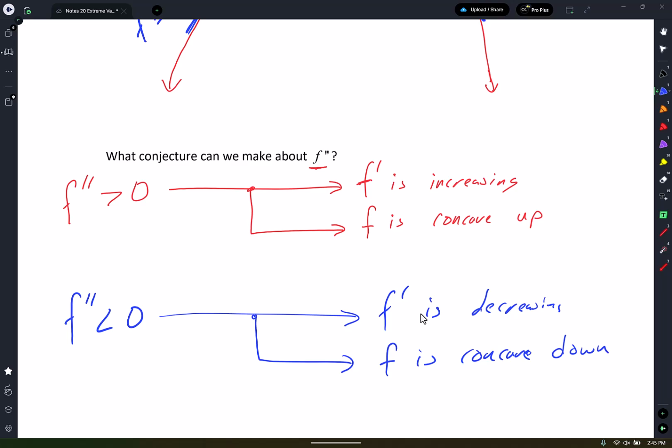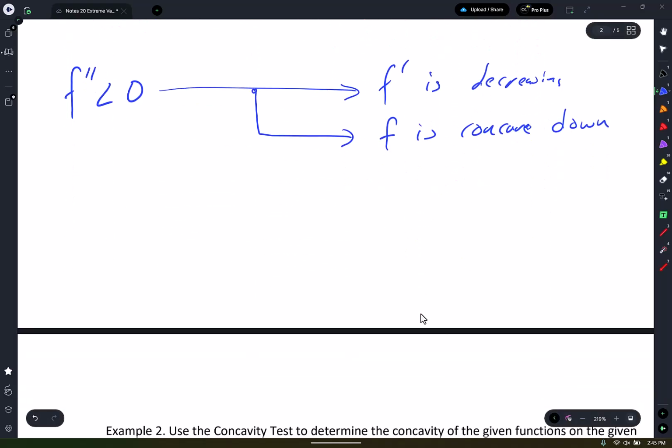That's it. If f prime is positive, then f is increasing. If f prime prime is positive, then I know f is concave up, and I know that f prime is increasing. So we're breaking it into parts. Finally, we want to be able to figure out what's going on with f. Are we still okay, guys?